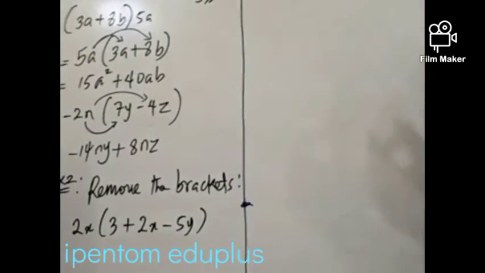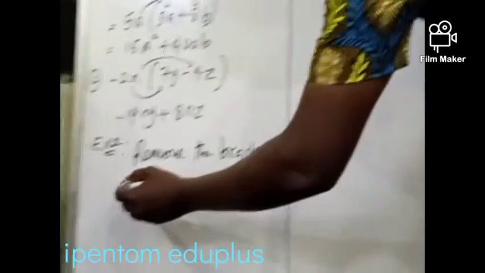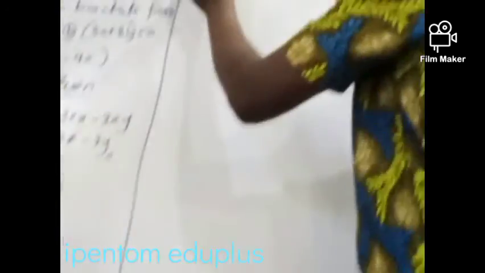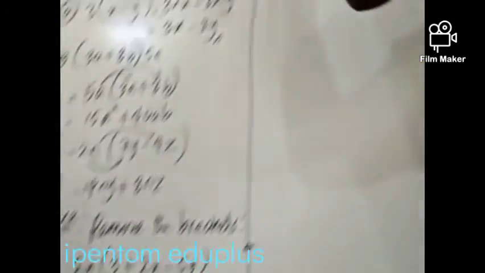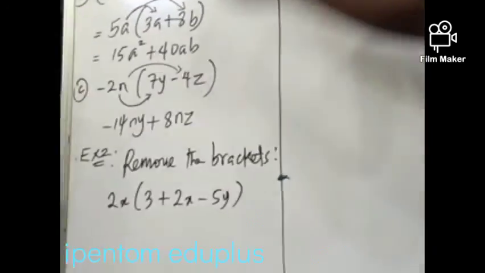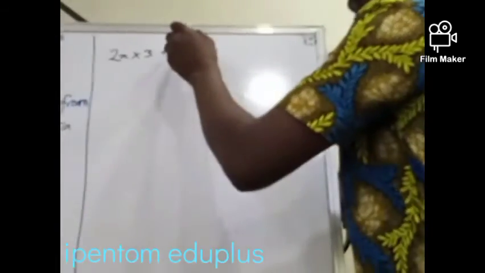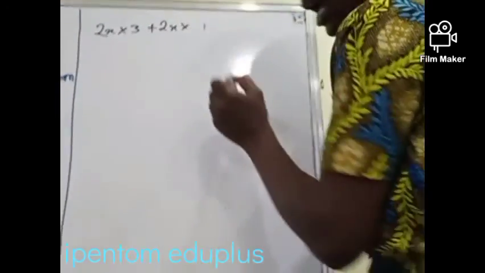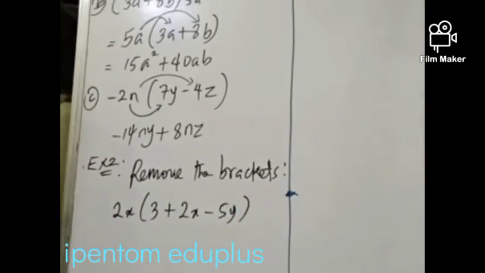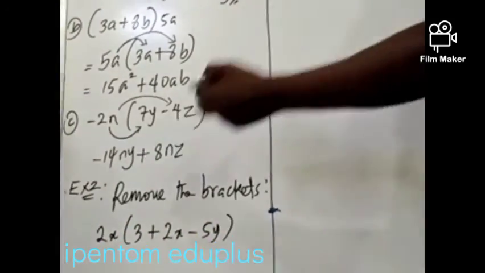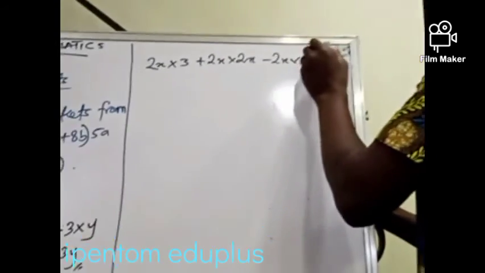So what will I do? I will use the 2x to multiply 3, that will give me 2x times 3, plus I will use the 2x again to multiply 2x, then minus, I will use 2x again to multiply 5y.